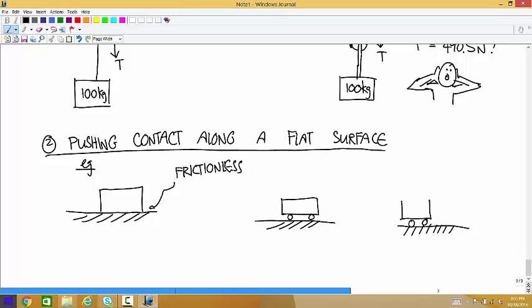Or say you have 2 objects rolling on the ground and they're in contact, then this would be a pushing contact along a flat surface. This is pushing contact along a flat surface, this is, and this is. Okay? Those are all cases where things are pushing against each other along a flat surface.